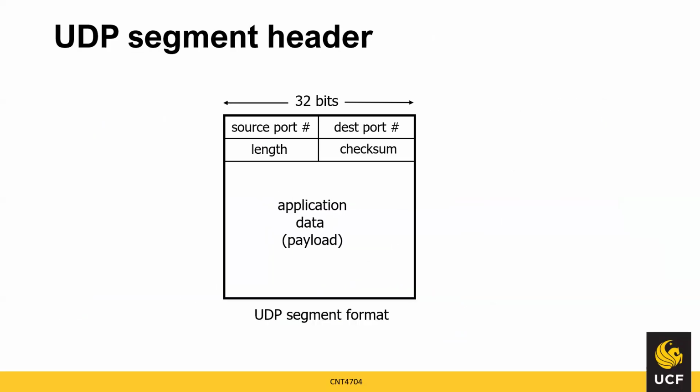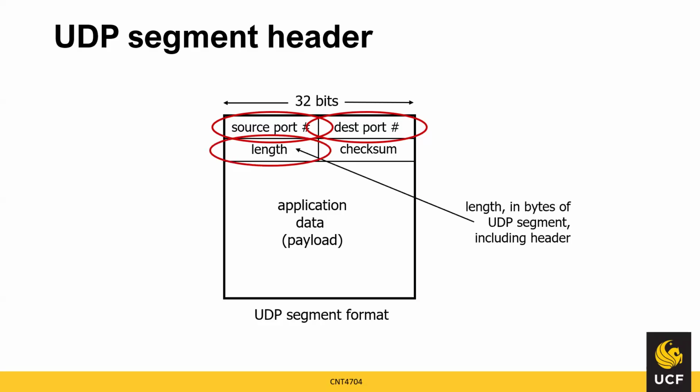So the UDP segment header that we have here is very small compared to TCP. It is only 4 fields plus the application data. So we have the source port and destination port. This is where the message is coming from and where it should go to. The length is the total size of the segment in bytes, plus the data.